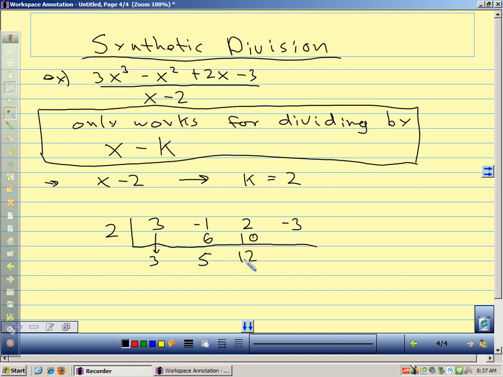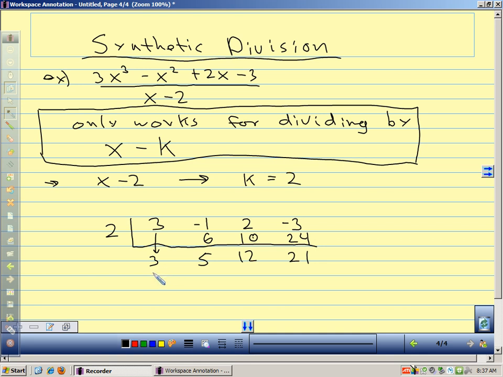Now I multiply the 2 times 12, and I get 24. Put that here. Add these two. I get 21. In this problem I had x cubed, so my power is going to be reduced.